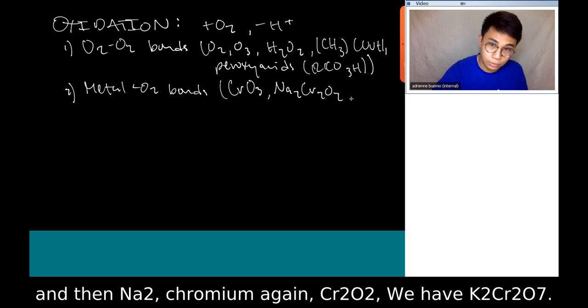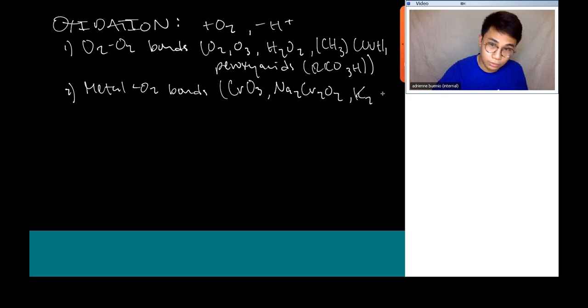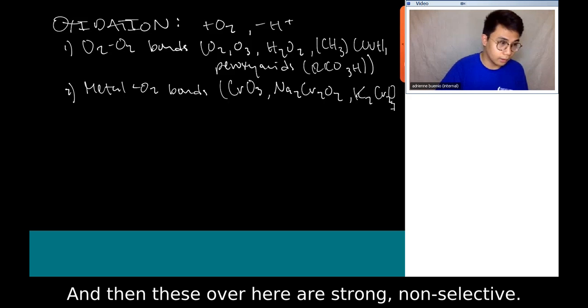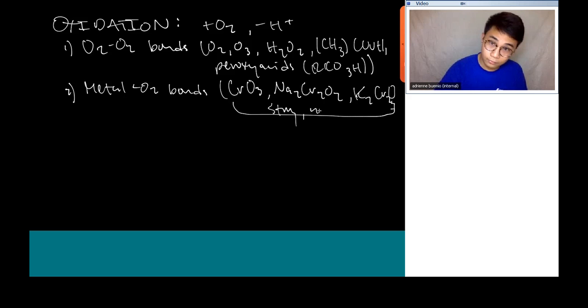We have K2Cr2O7. And then these over here are strong, non-selective.